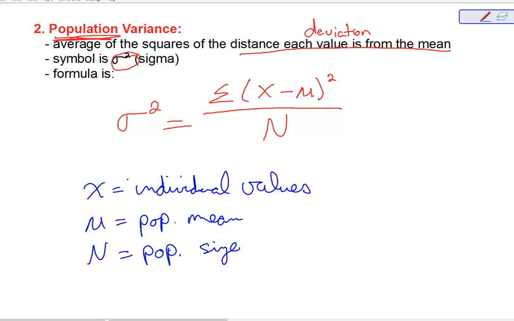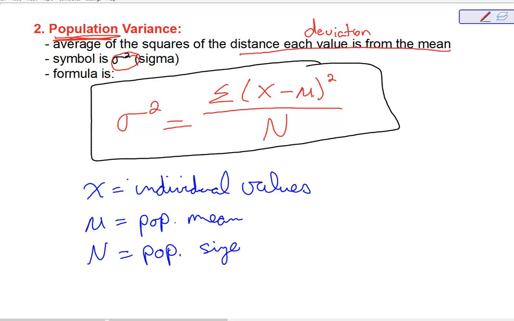How many values are in our population? Like in the previous example, we had 17 different parking lots that we were looking at. So our N would have been 17. It's not the sum of them, it's just how many are there. Okay? This is how we find the population variance.